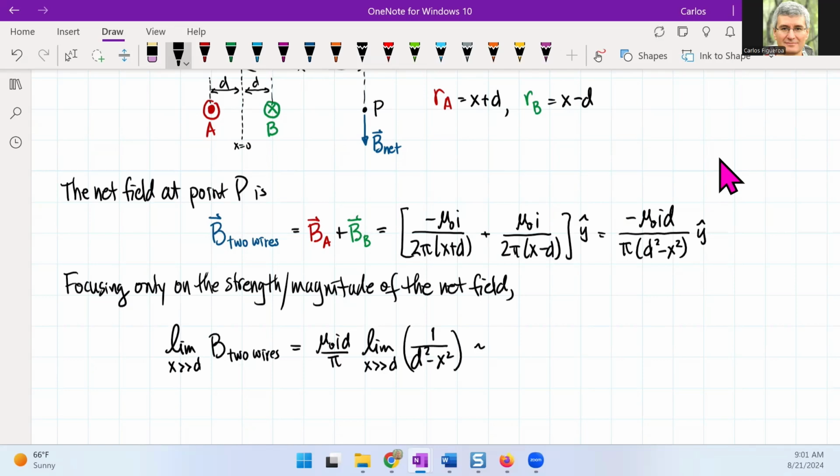So then I can approximate that field by mu naught I d over pi x squared, and this will then be the field of two wires with opposite currents.